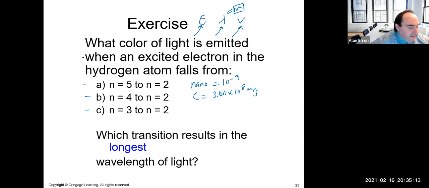We're going to take each of these separately. We'll start with A, which is a transition from the 5th energy level to the 2nd. So we're going from n equals 5 to n equals 2. In general, we are transitioning from a higher energy level to a lower energy level, so the electron is dropping back down.